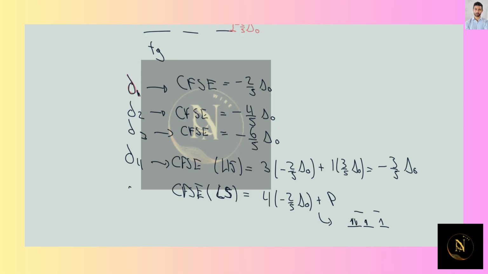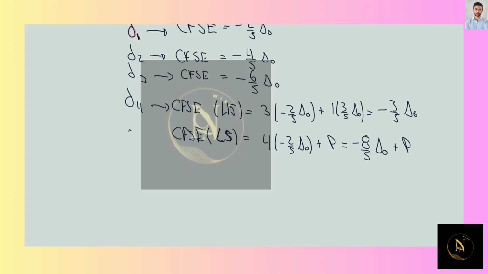So we need to add the contribution for the pairing energy required for this scenario. Some professors just omit this value, but in general, you should add it up to your calculations. So we would get minus 8 fifths of delta naught plus the pairing energy.